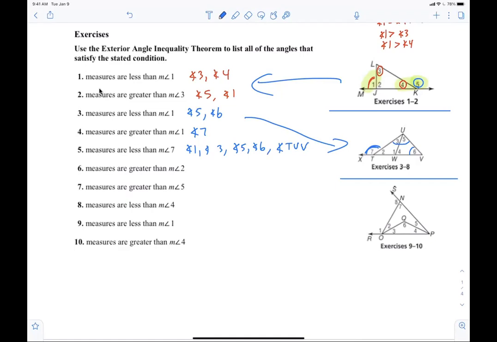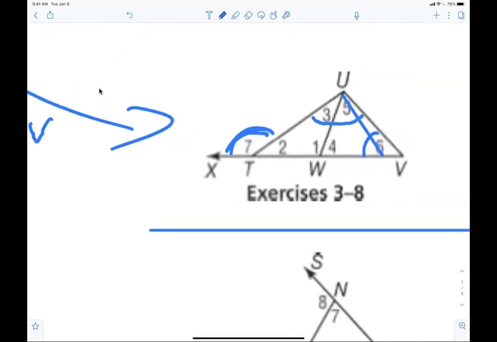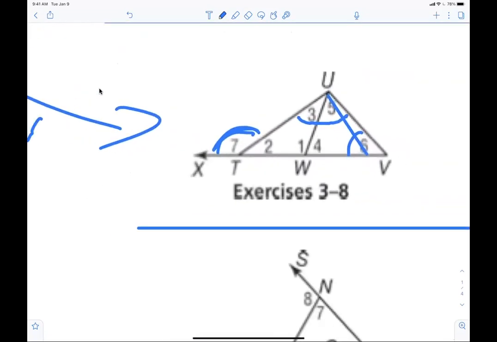Yes. Could we also say angle 4, because angle 7 is on 2, so angle 2? What if I wrote it this way? You with me? Everybody thinks that. All right.